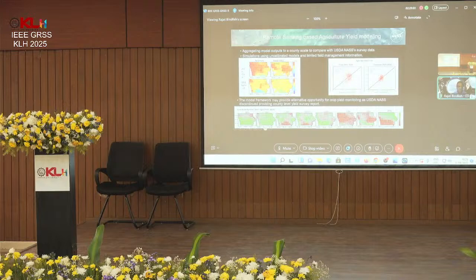Some of this scatter, and most of the scatter, is because we are not tuning the model currently. We don't have information on the field management practices that a farmer is doing in their field. So because of that, different farmers have different practices which probably cause the scatter.